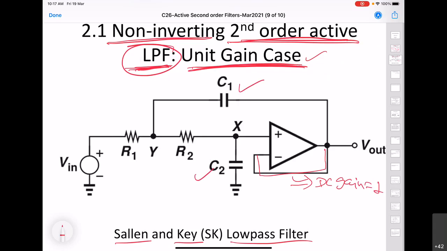There will be two storage elements, but there could be more also, and even with two, one can get a single order. So it's not a direct relation that two will always imply second order. Here you can see that we have this circuit where the input is connected finally to the non-inverting node of the amplifier.